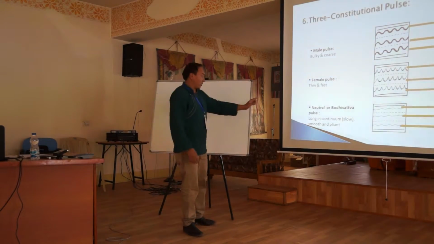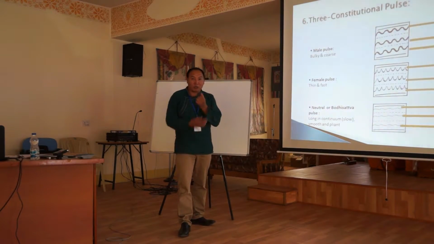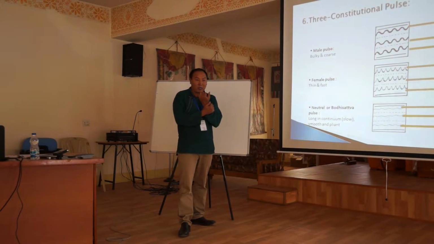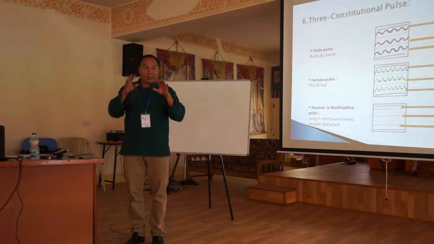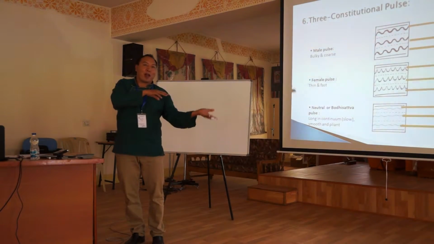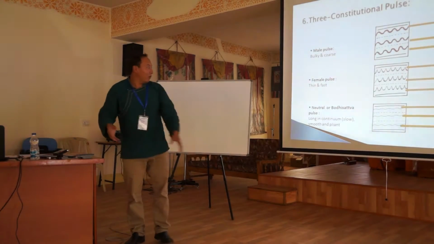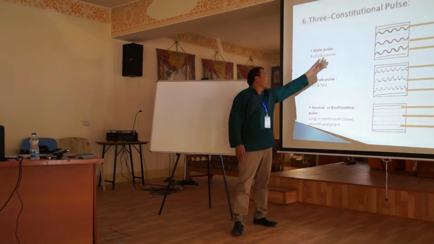Then the neutral pulse. Neutral pulse is long and continuous, slow and smooth, right? We are talking here about 3 different pulse characteristics, and we are giving them names: male, female and neutral. It's just a name.